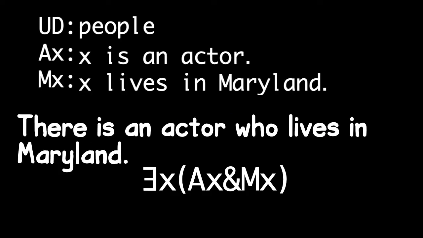And if we want to translate both sentences, then we can translate both of them using this second symbolization key. Going back to the first sentence, it becomes exists x, Ax and Mx. There are indefinitely many sentences we could translate this way, and depending on what else we want to translate, this might be enough. However, consider this sentence.